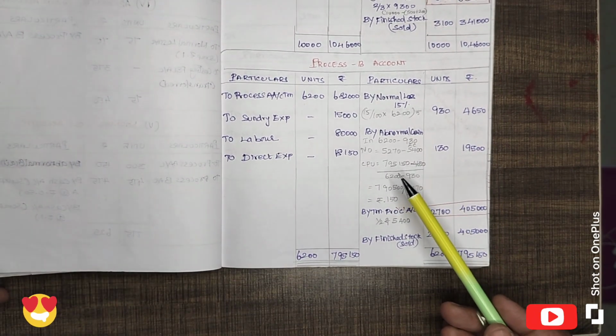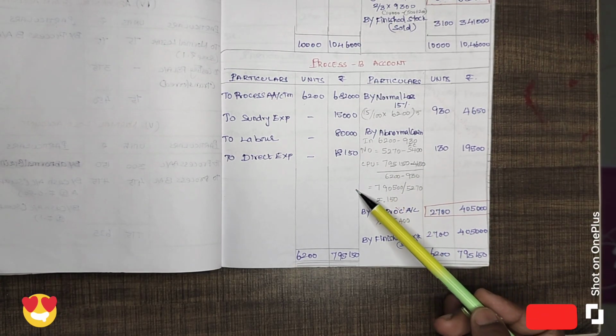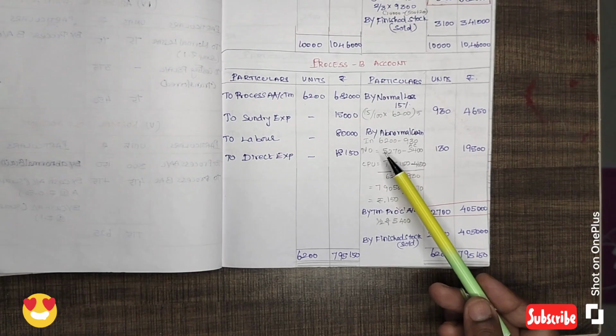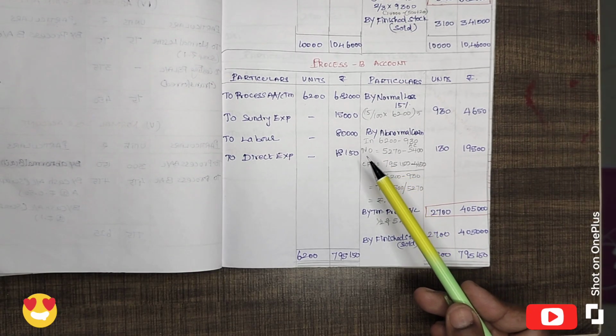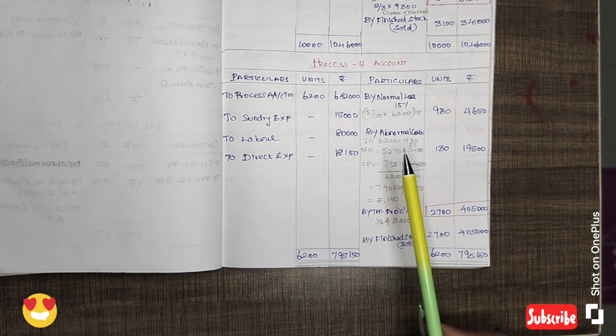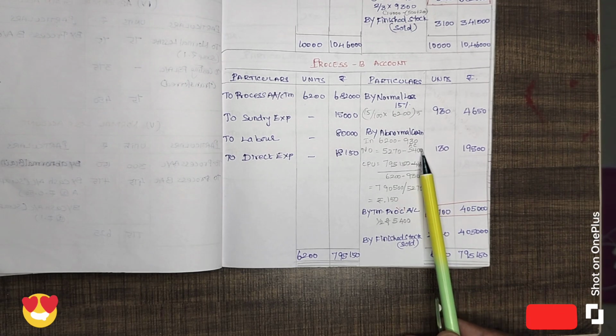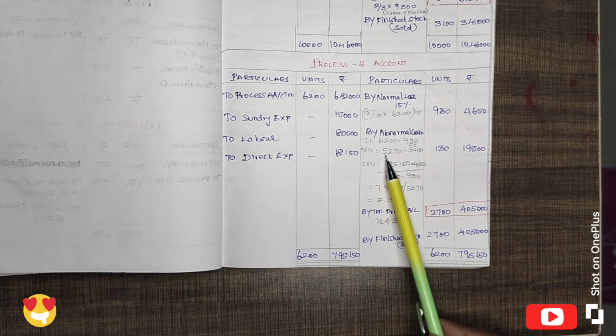Now we need to find out whether it is an abnormal loss or abnormal gain. How can you find out? We have the format for that. Listen, the input introduced for process B, 6,200, subtracted by the normal loss 930, you will get the normal output 5,270.